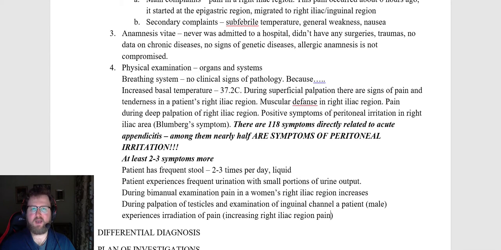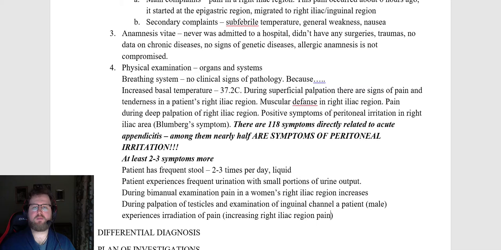They also can be irritated, and when we palpate in the inguinal region, or when we palpate the testicle, if some males have an anatomical variation where their scrotal cavity is connected with the pelvic cavity through a peritoneal canal, this effusion might get inside the scrotum, and palpation will provoke pain in the testicle region. That doesn't happen very often, but it may happen, and you should be aware of that.